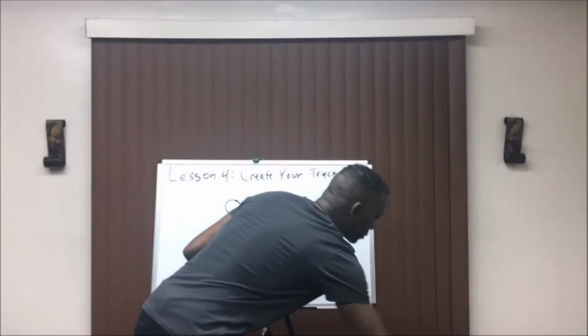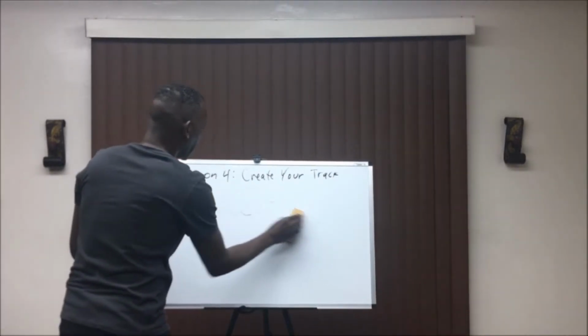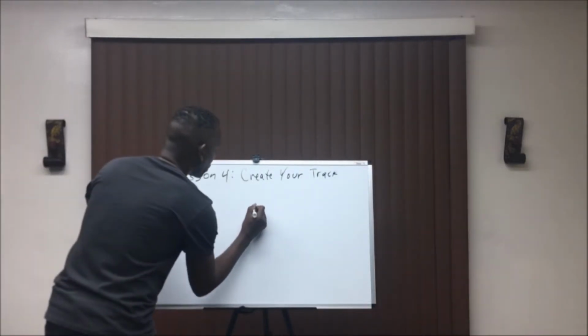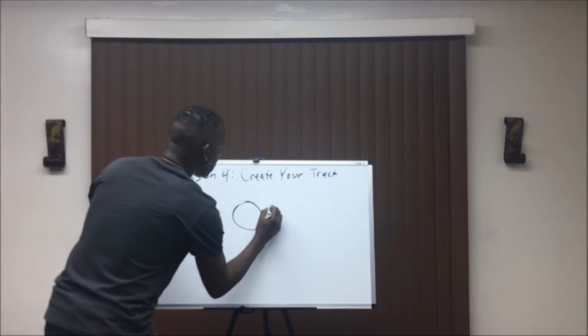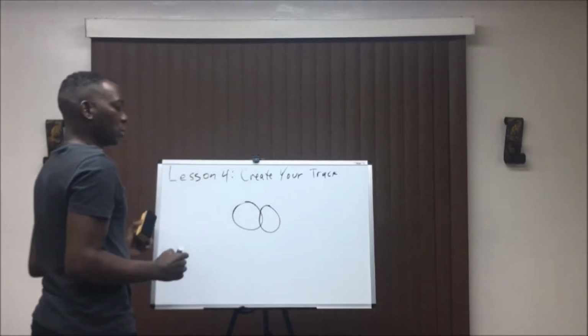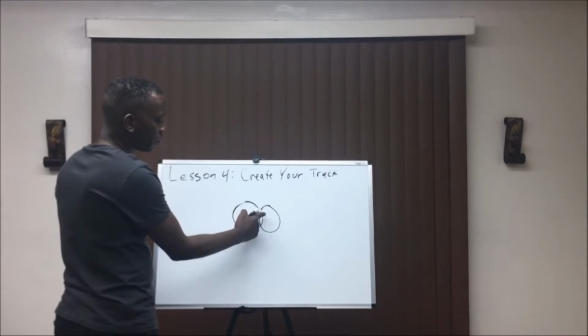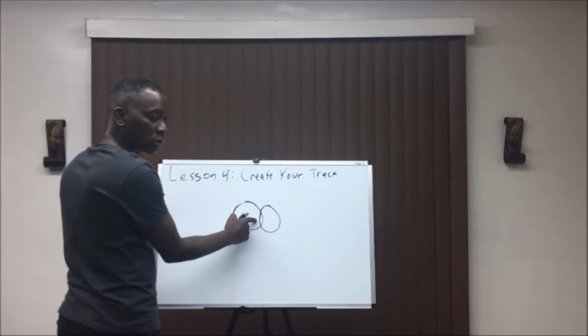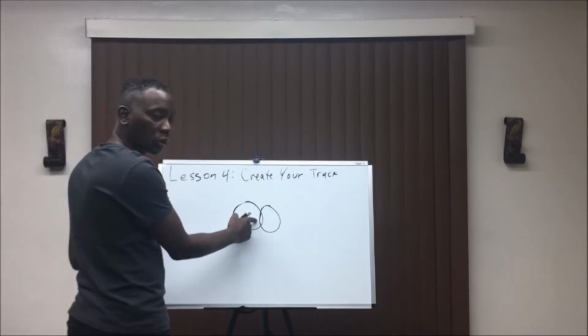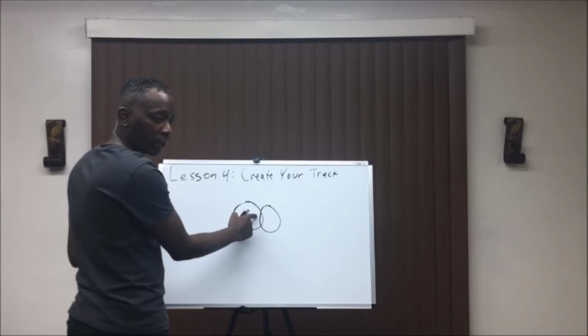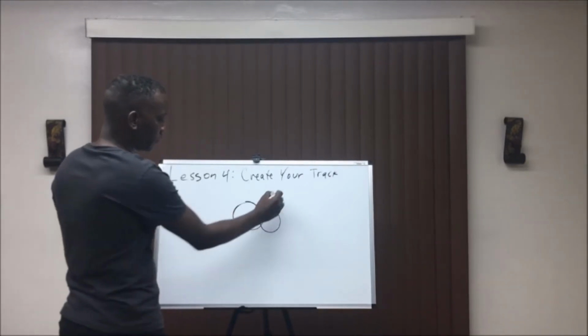Okay, so you actually don't want to do this. You don't want to do like this and then like this, where one shape touches the other. In other words, it's too close. It's coming over to the other shape. So you don't want to do it that way.